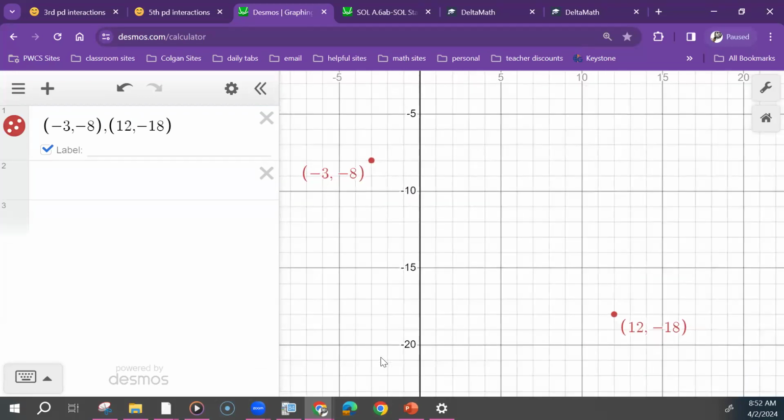And then from here, I could count the slope. I never really get a chance to use this. If I'm starting from here, up 1, 2, 3, 4, 5, 6, 7, 8, 9, 10, and over 1, 2, 3, 4, 5, 6, 7, 8, 9, 10, 11, 12, 13, 14, 15. We're gonna say up 10 over 15.